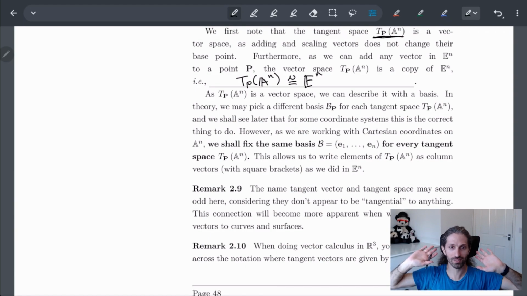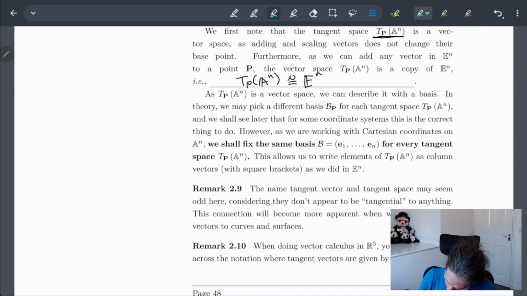But for now, we want to go slowly and figure things out. And since we're working with Cartesian coordinates, we're going to fix the basis B for every tangent space. In other words, B, our orthonormal basis, will be the basis for every tangent point.